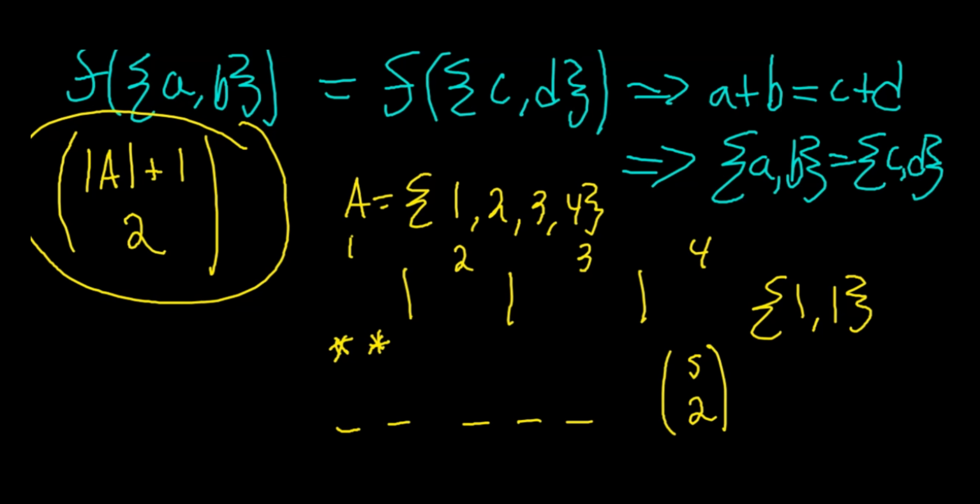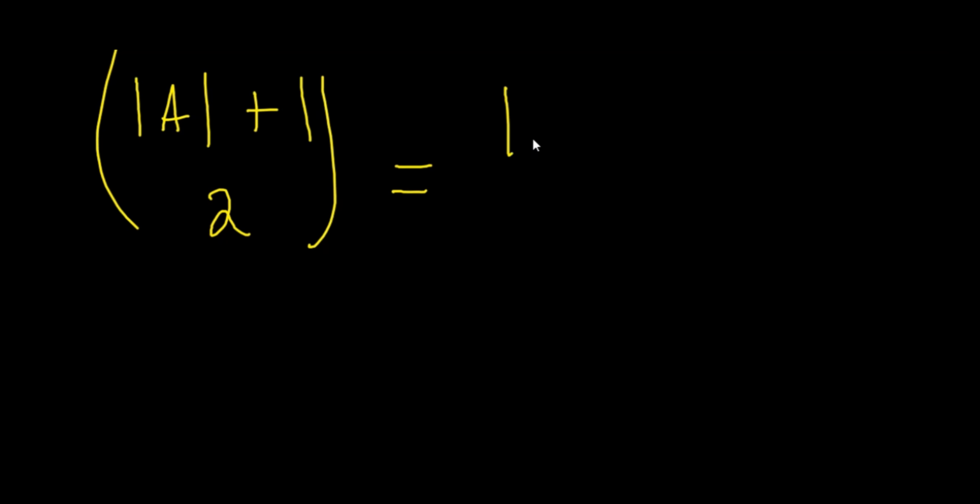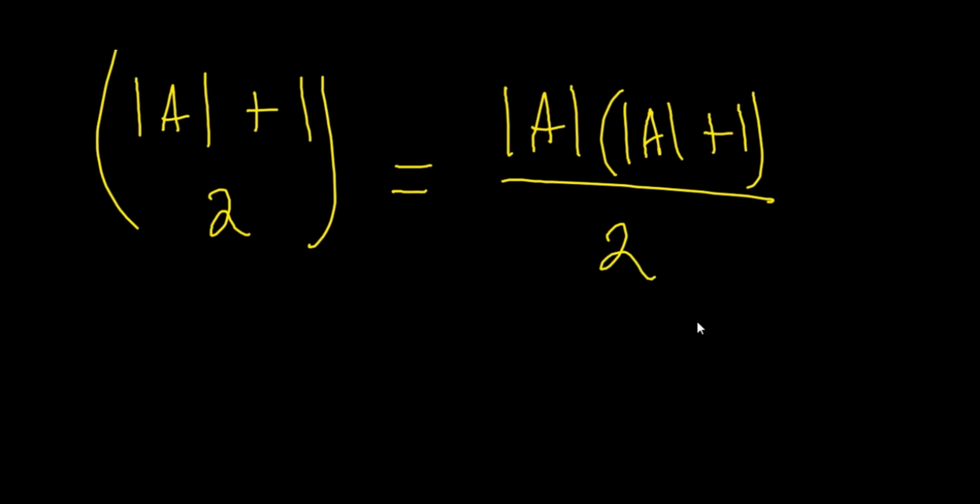And check this out. We know that the size of A plus 1 choose 2 is equal to the size of A times the size of A plus 1, over 2. And moreover, we know that this is equal to the size of A plus A by the bijection argument that we just showed.